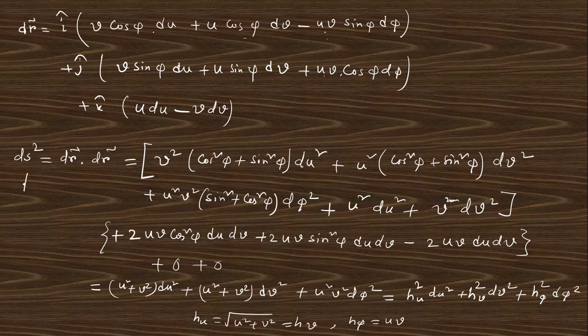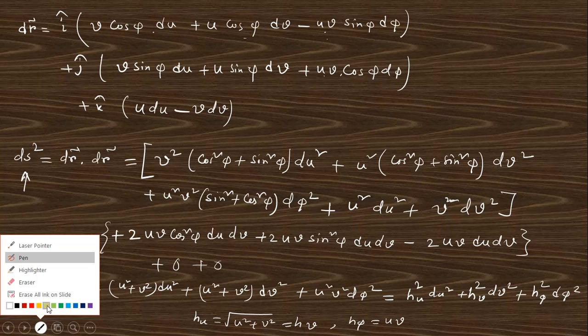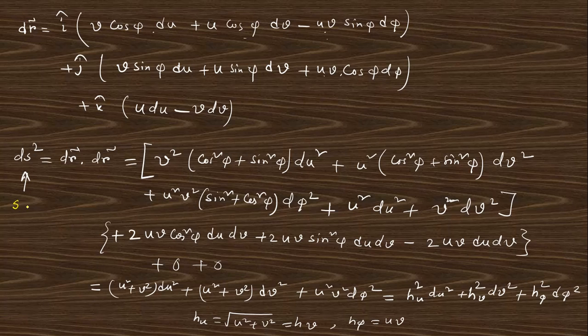So these are the squares of the arc length, and these three are the scaling factors. Okay, I think it is clear how we can find the square of the arc length and the scaling factors.